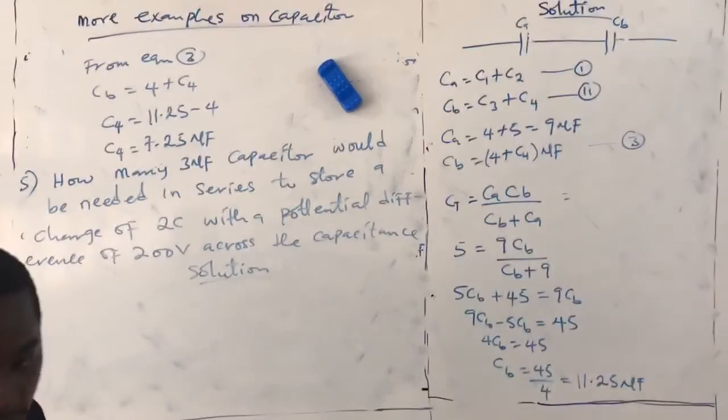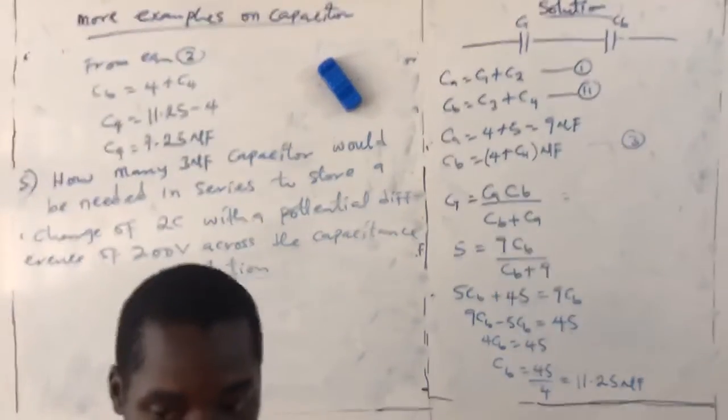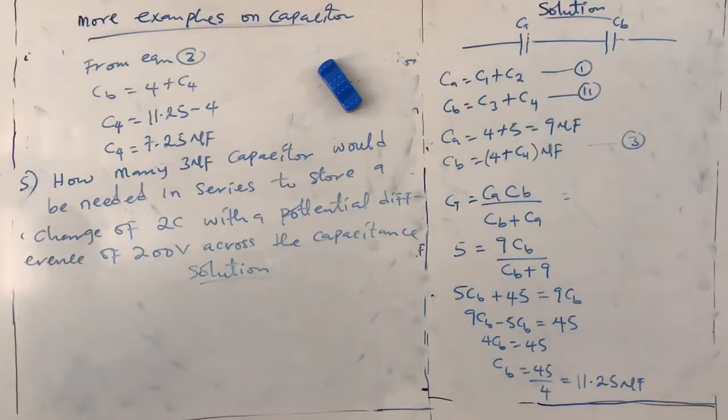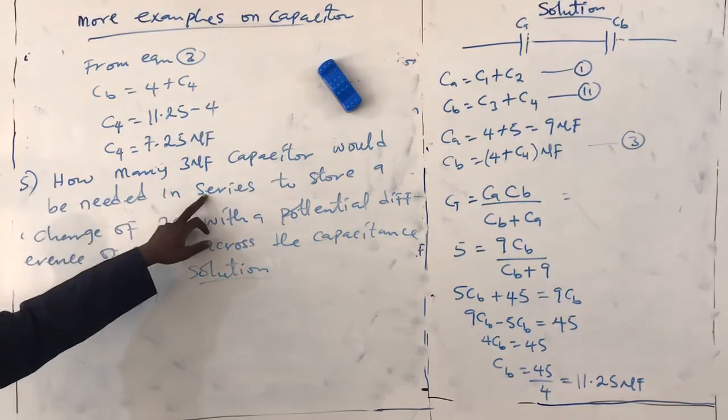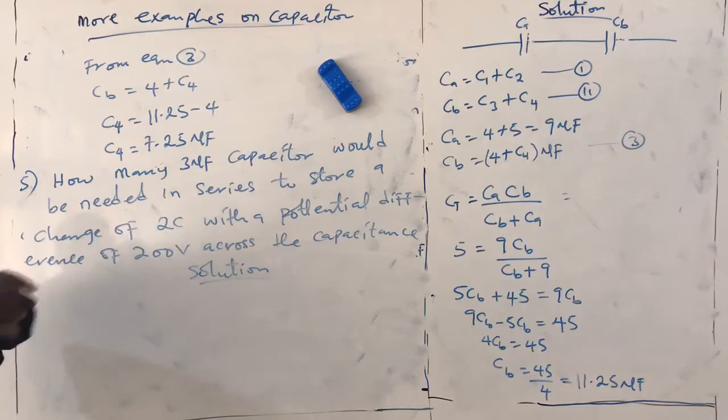Now let's look at this question. The question says: how many 3 microfarad capacitors would be needed in series to store a charge of 2 coulomb with a potential difference of 200 volts across the capacitor. We can actually find two things here. If we change the question to parallel, we can also find the number of capacitors there.